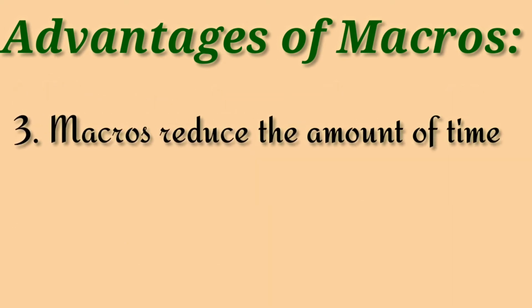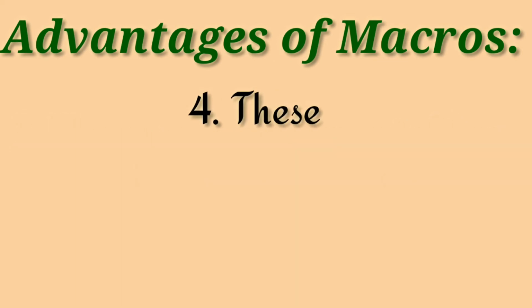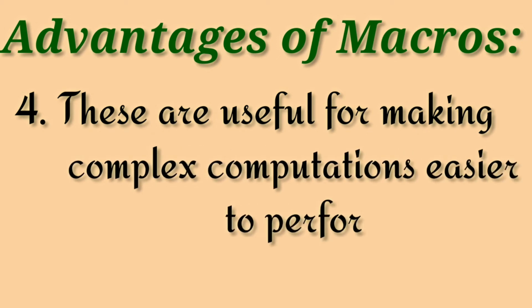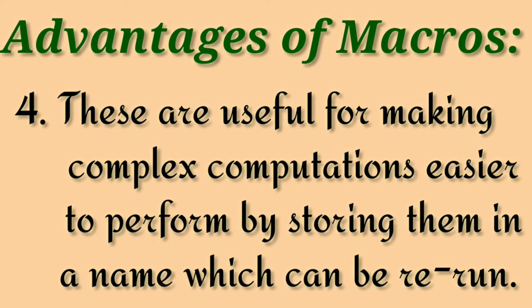Third, macros reduce the amount of time spent in basic repetitive computing tasks, that is, they make things faster. Fourth, these are useful for making complex computation easier to perform by storing them under a name, which can be rerun every time one needs to perform the same complex computations.